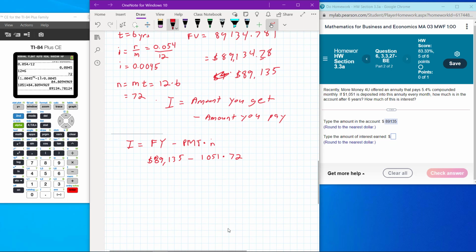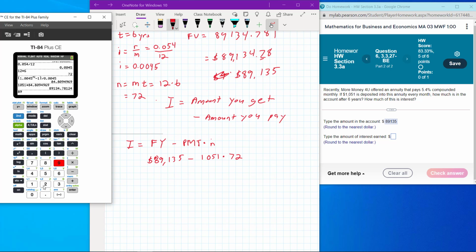And now we can compute that on our calculator. That's going to be 89,135 minus 1,051 times 72. And that is our interest.